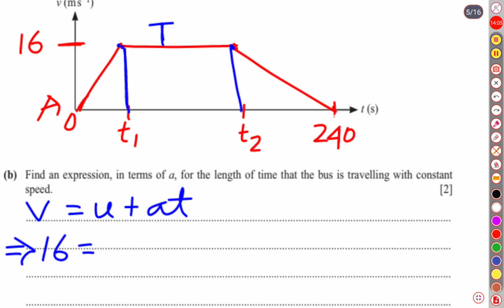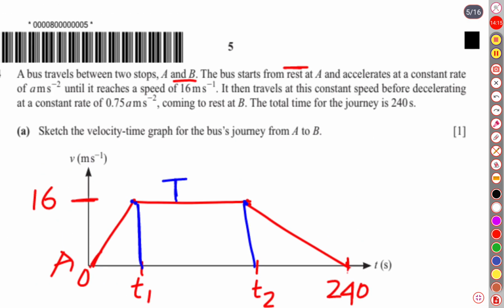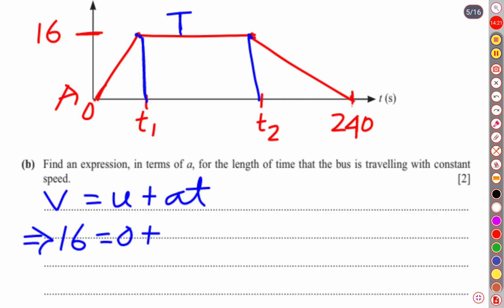Initial velocity was 0 because it started from rest, plus a, acceleration, which was constant in the first phase. Acceleration was a meter per second square. So we are just going to write a and t1, a t1. Hence we require time, so t1 is equal to 16 over a.